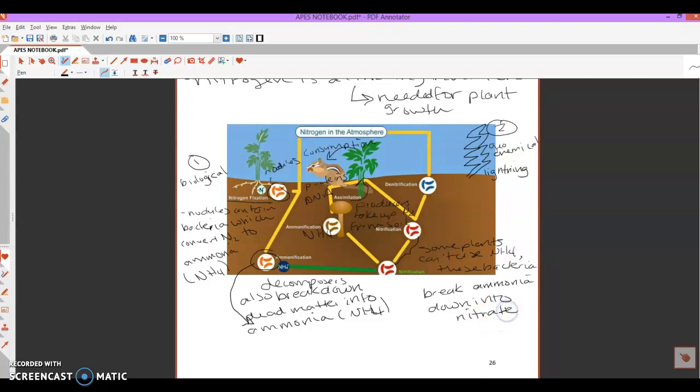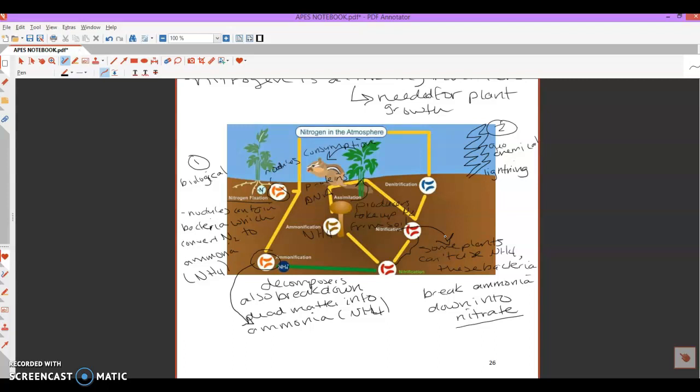Okay? So some plants have to use nitrate. They cannot use ammonia. So that is what nitrification is. Okay? Nitrification is breaking it down into nitrates for other plants to use because they can't use ammonia.